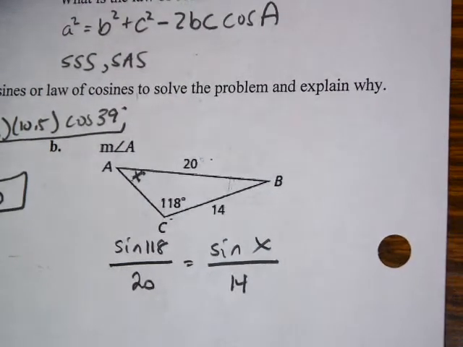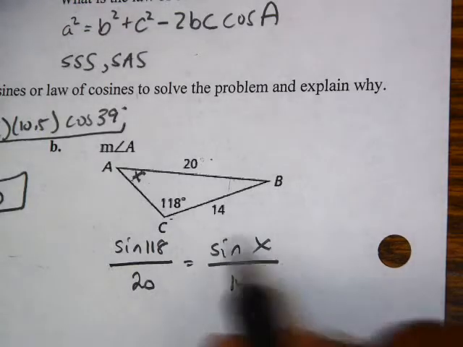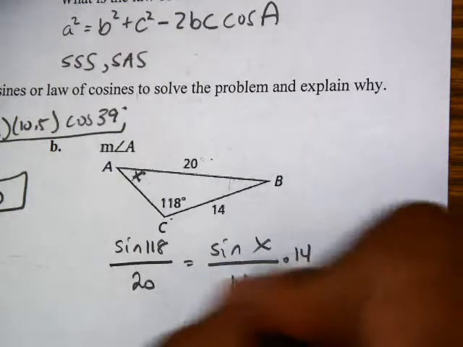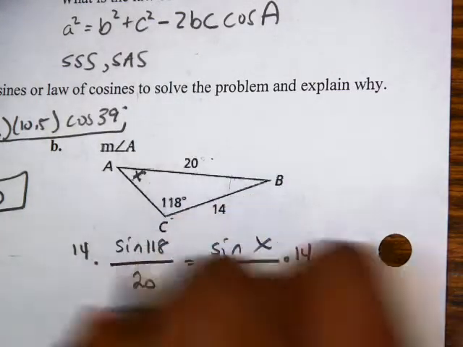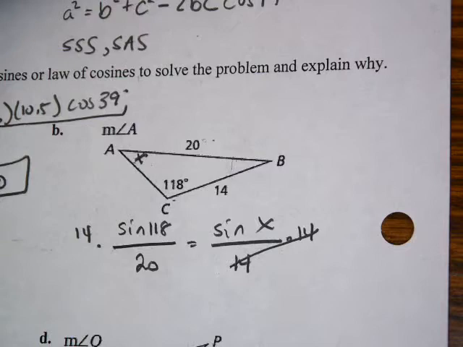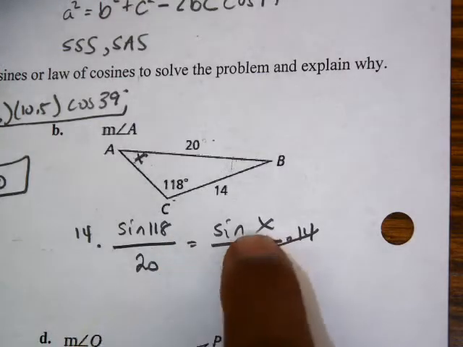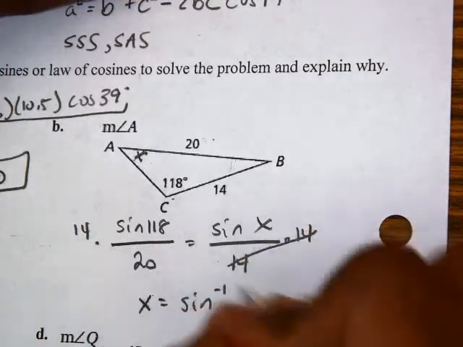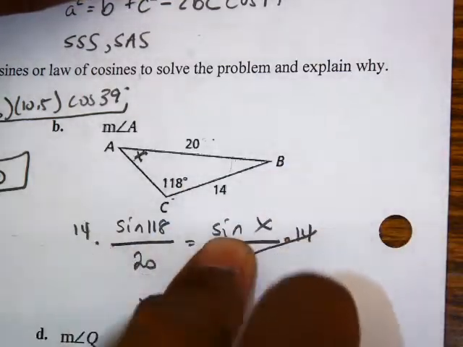Right. So since I'm solving for an angle, I need to use an inverse function, but I can't do an inverse sine yet until I get rid of the 14, so I'll multiply both sides by 14. So that's gone. So to solve this for x, I need to use the inverse sine, to reverse that.